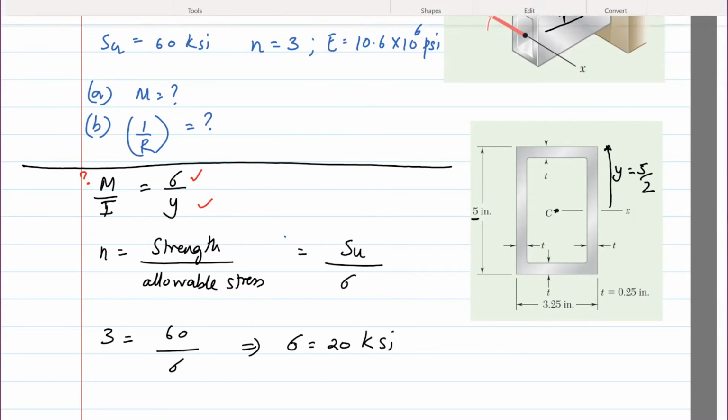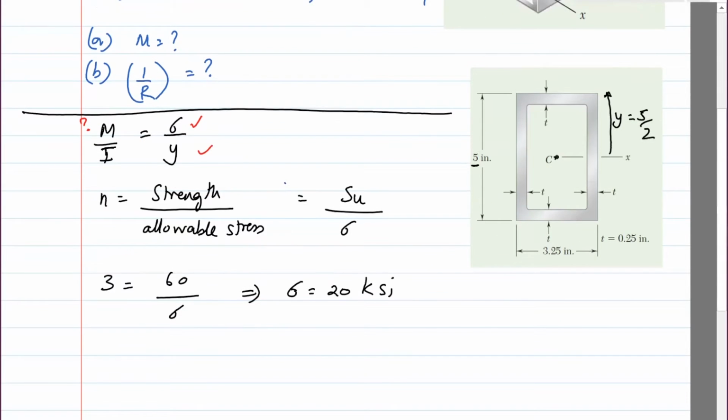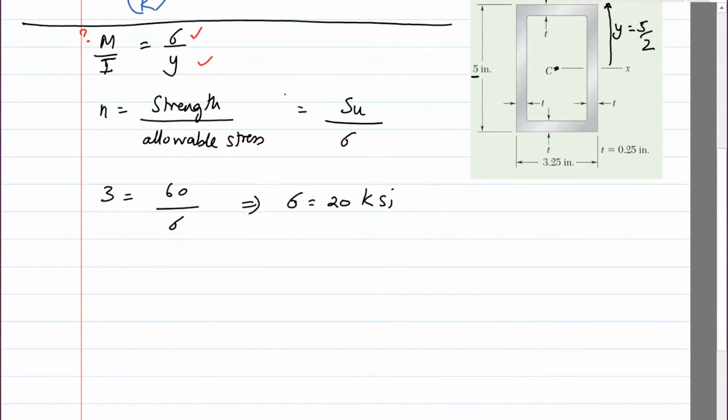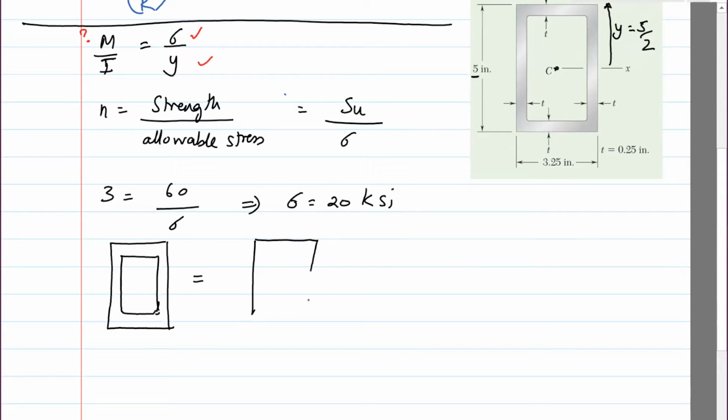Okay. Last thing is the inertia. Now the inertia is the inertia of the rectangular region minus the hole, right? So what we can do here is what is known as superposition to figure out the inertia. We can think of the cross section of the annular region as consisting of 2 things. One is a big rectangle which fills the outer region.